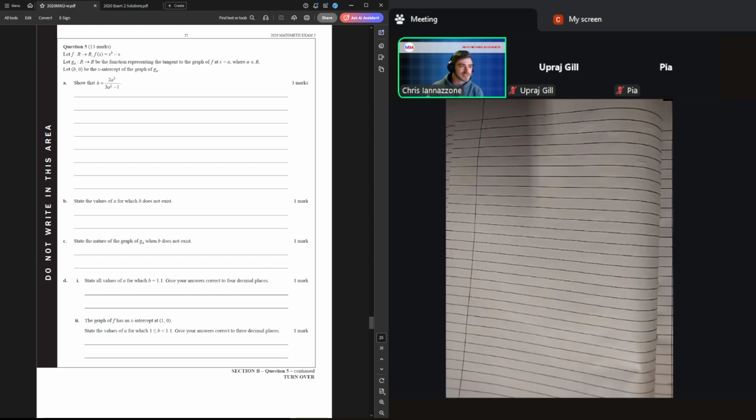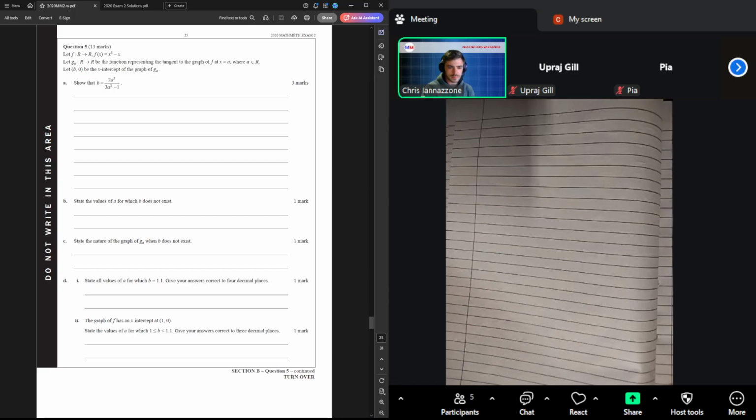I put that f has an x-intercept at (1, 0). I don't know how much that matters. I don't really know why that's in there.